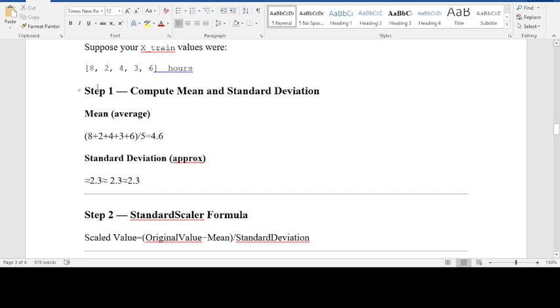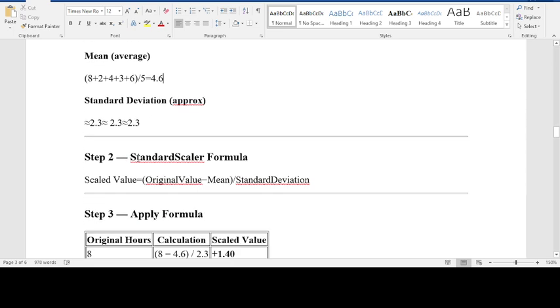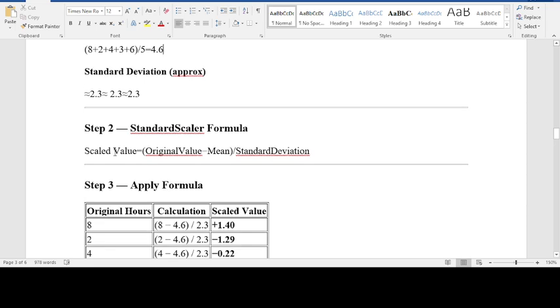So this is step one. Next, you apply the standard scaler formula. What is the formula? Scaled value equals original value minus mean divided by standard deviation. This is the formula you have to apply.